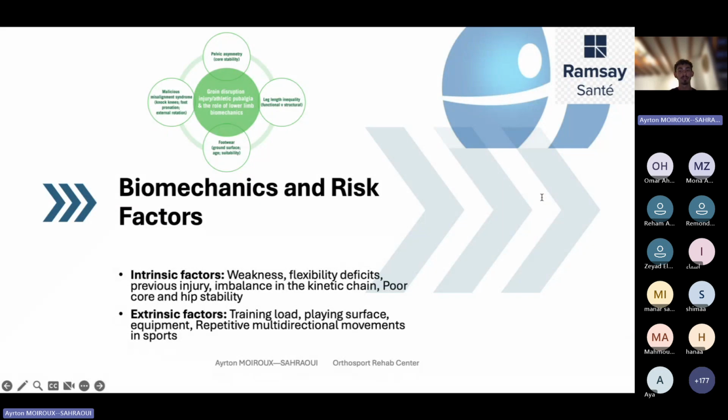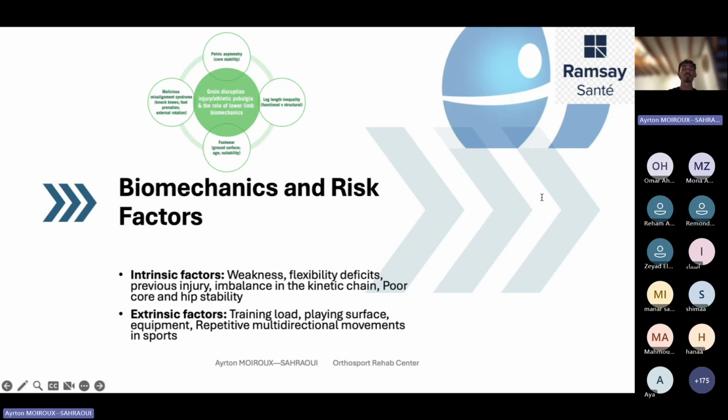Training errors, such as sudden increases in intensity or volume, inadequate rest periods, or poor technique, can contribute significantly to the development of groin pain.